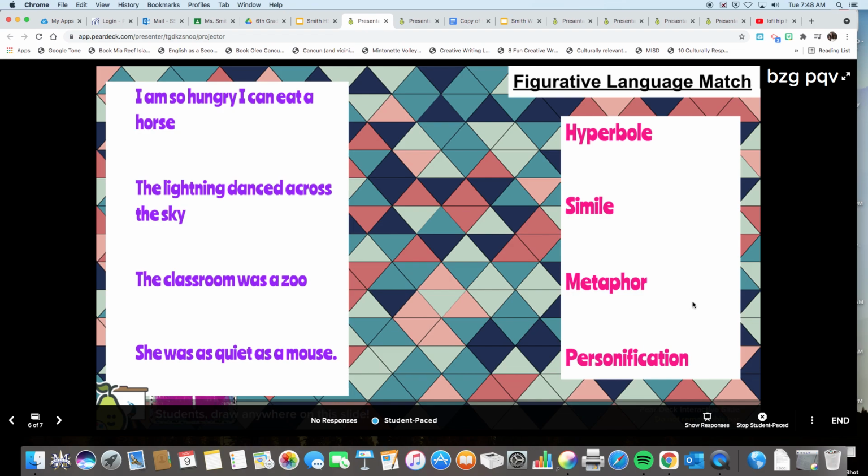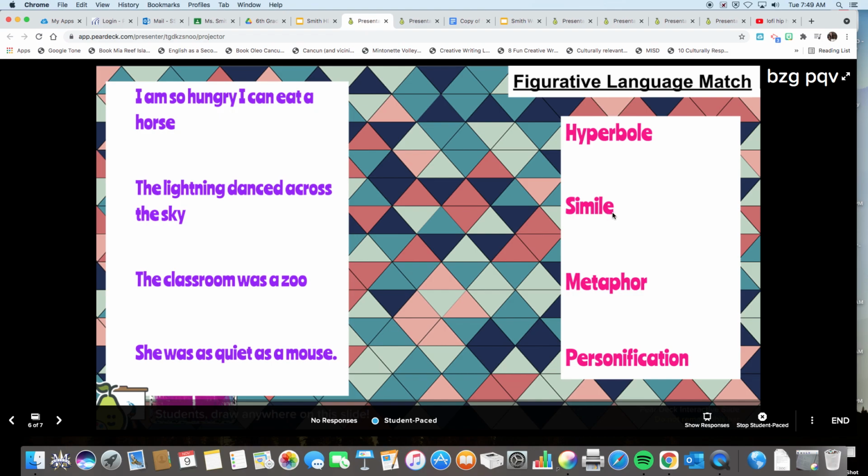On this slide, I'm going to go ahead and let y'all match the figurative language with a sentence. So like on this sentence, for example, it says, I am so hungry, I can eat a horse. So you need to match, do you think that it is a hyperbole, which is an extreme exaggeration that cannot be true? A simile, which is comparing two things.